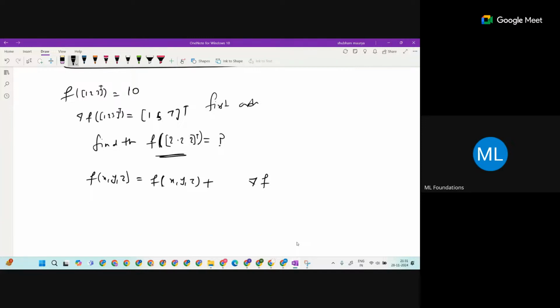Gradient of f at x, y, z, and the dot product with eta d.